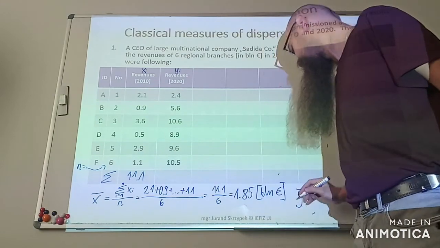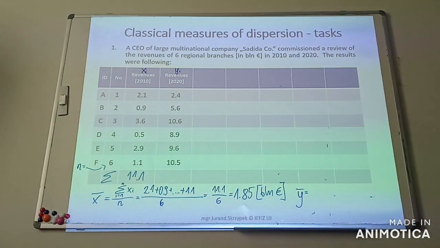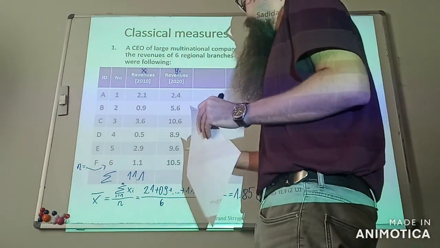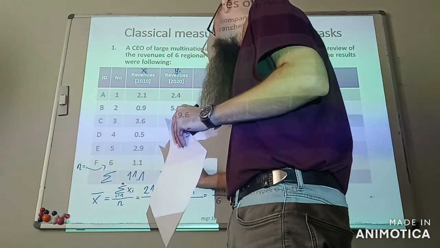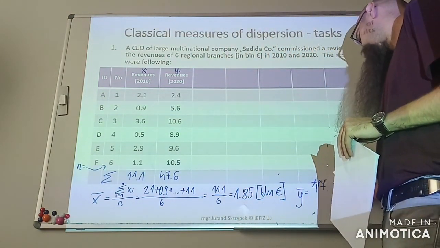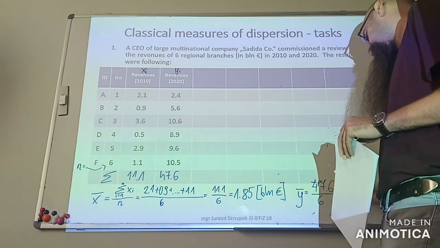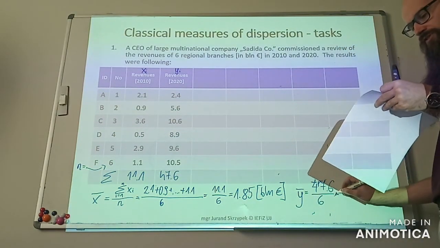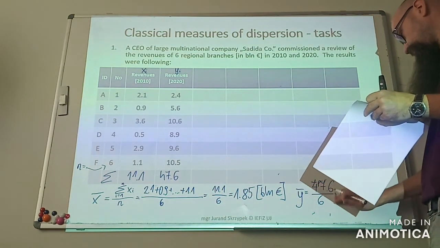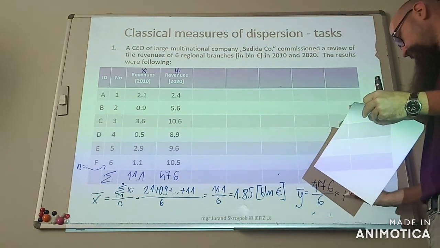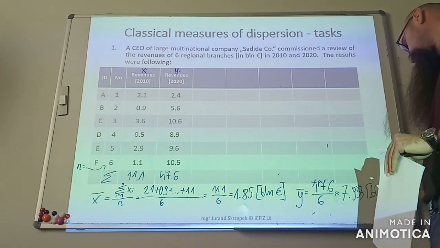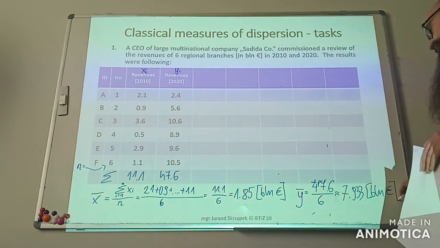The sum of that column, the sum of y variable values, is 47.6. We divide 47.6 by 6, and we will receive the value of 7.933 billion euros.